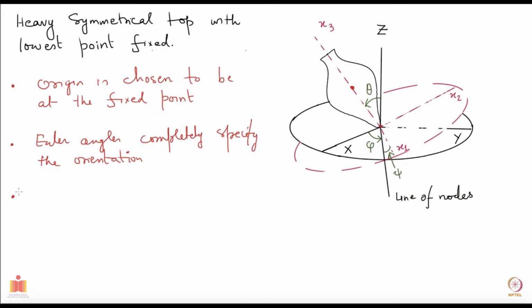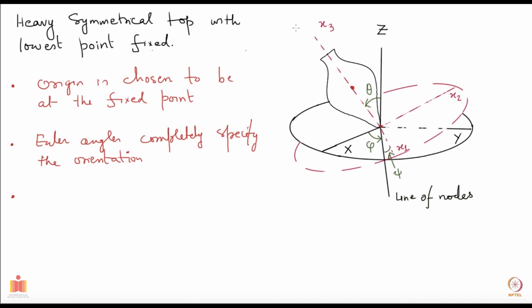Then if you have to choose the principal axes of this body, it's easy to see where they would be because of the symmetry. One of the axes has to be along the axis of symmetry. So one of the principal axes will lie along this, going through the center of mass along this direction, and that is what we choose to be x3.